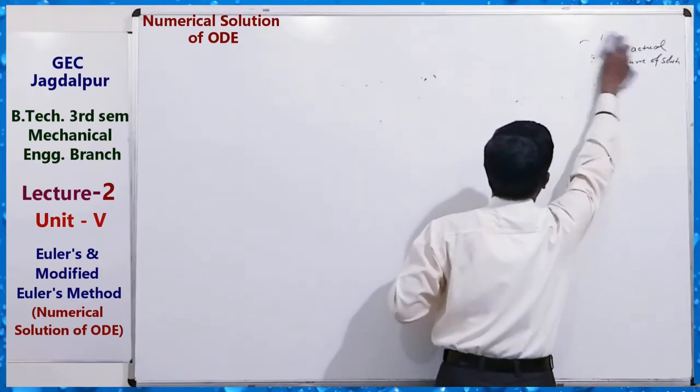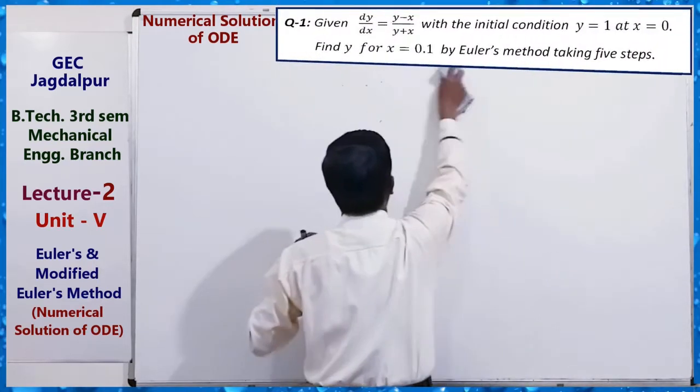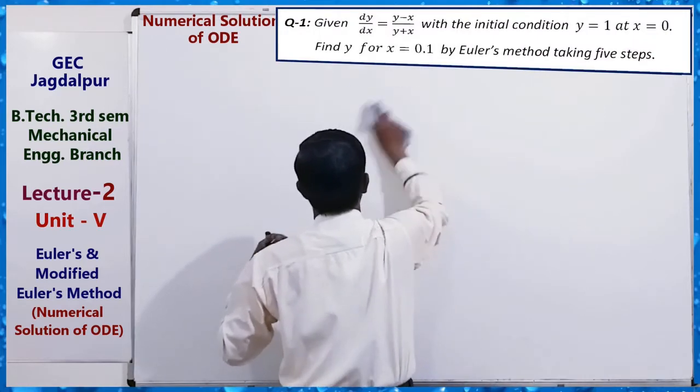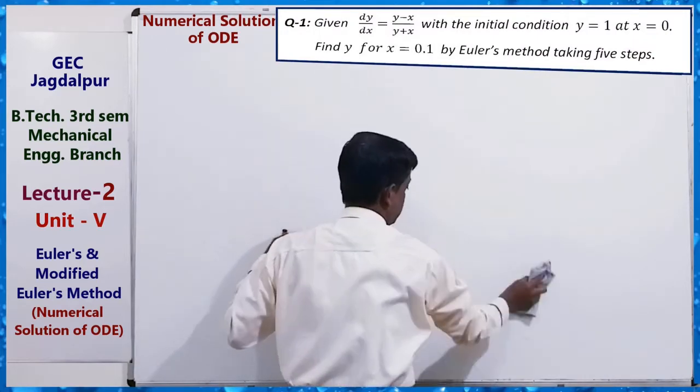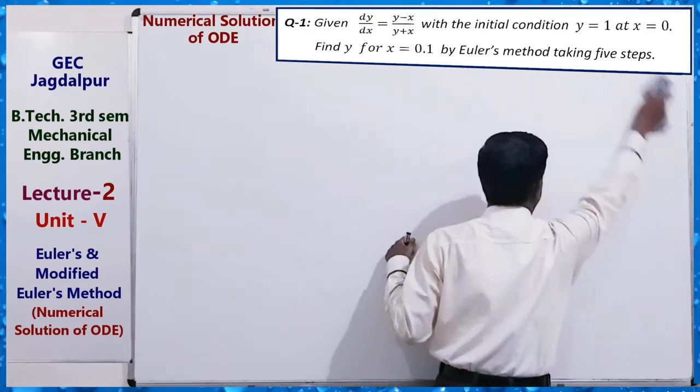So Euler's formula uses the tangent, and the modified Euler formula also has further steps.